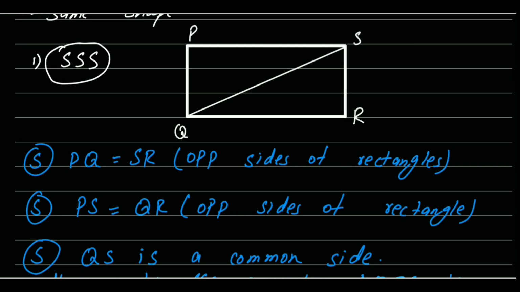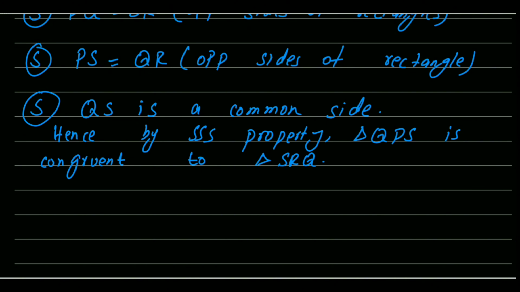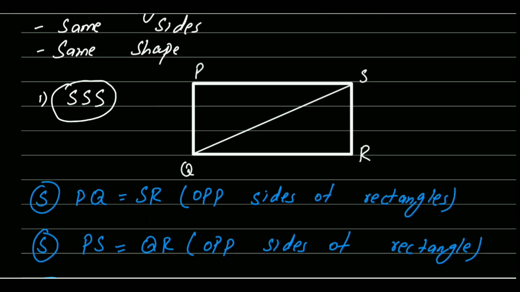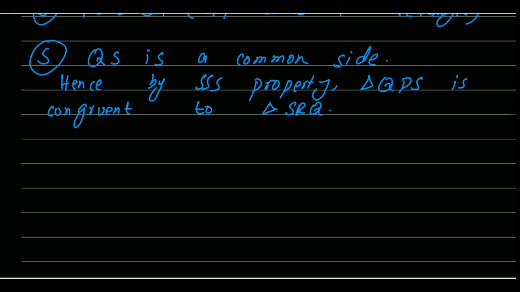So one triangle is SRQ, the second triangle is PQS. Hence we have proved that these two triangles are congruent with the property SSS, or you can say side. Side means that you have to prove all three sides of these two triangles are equal, and you have to give the reason as well.